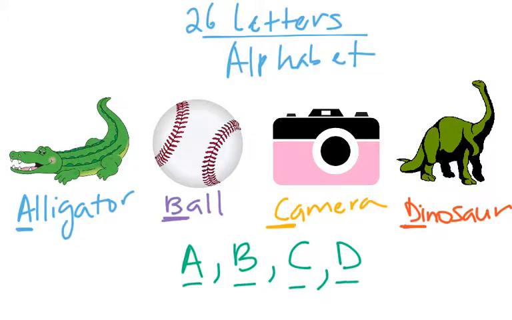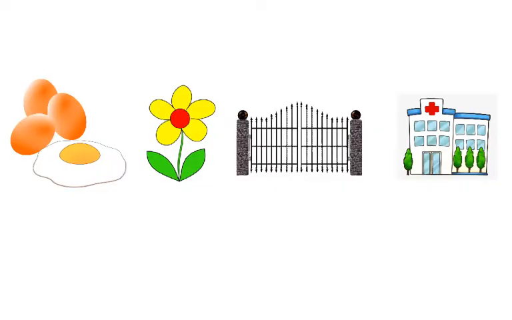Now let's move on to the next set of 4 letters. Okay, so this here is egg. That's the word we're using, egg. Now, the first letter here is an E. So, E for egg. Now, right after that, we have a flower.